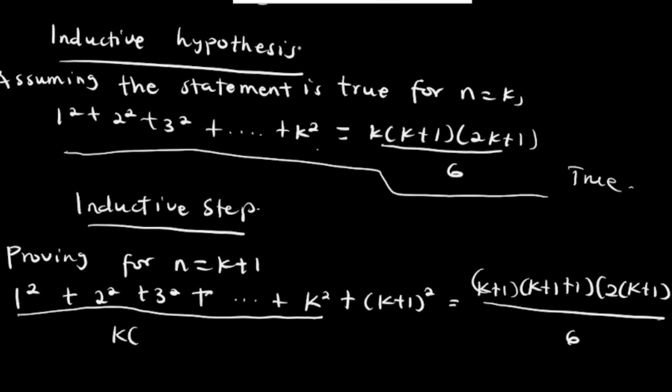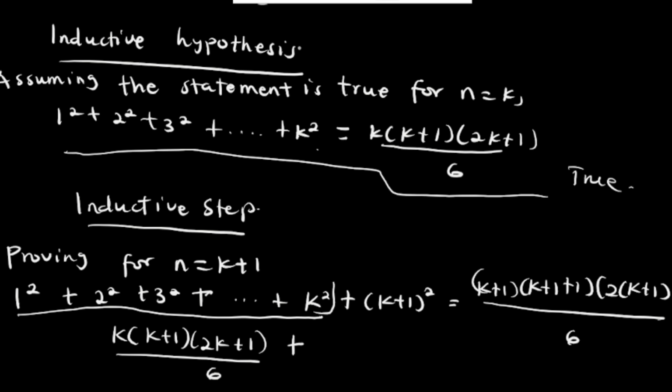So k multiplying k plus 1 multiplying 2k plus 1 all out of 6 is taking this portion, because our inductive hypothesis is saying that this expression here is true, meaning if I make this substitution, then it means it's also true. That is for only this section.